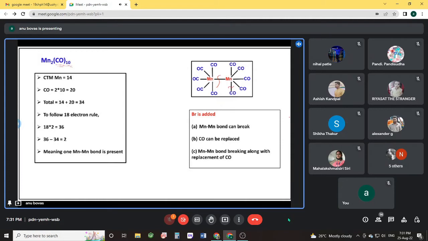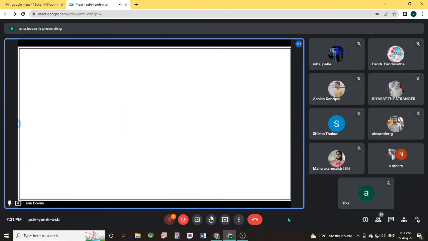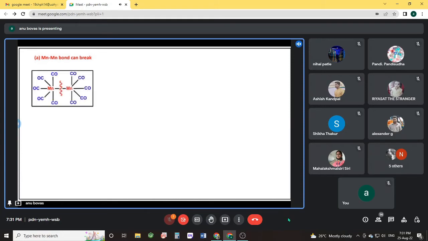That means both the Mn-Mn bond can break and also there can be replacement of carbonyl. First of all, let us go through the first method in which the Mn-Mn bond is breaking. So if the Mn-Mn bond is breaking, that means one bromine atom will be added to each Mn. So therefore we will get MnCO5Br.